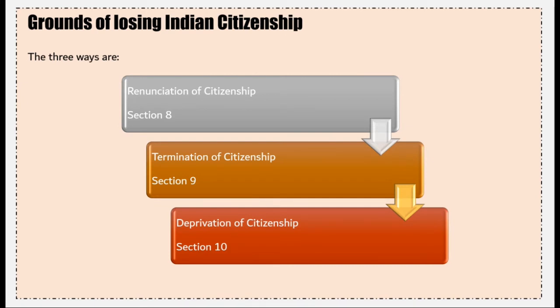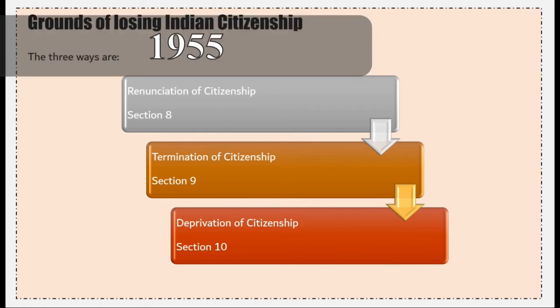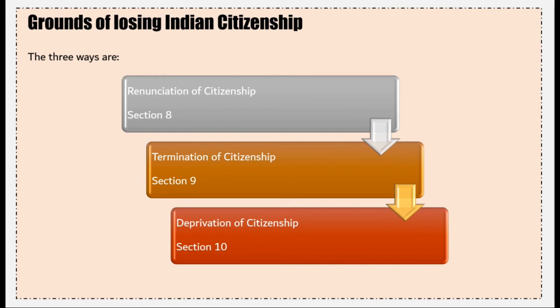Grounds of losing Indian citizenship. The Citizenship Act 1955 lays down the modes by which an Indian citizen may lose citizenship. The 3 ways are renunciation, termination, and deprivation.